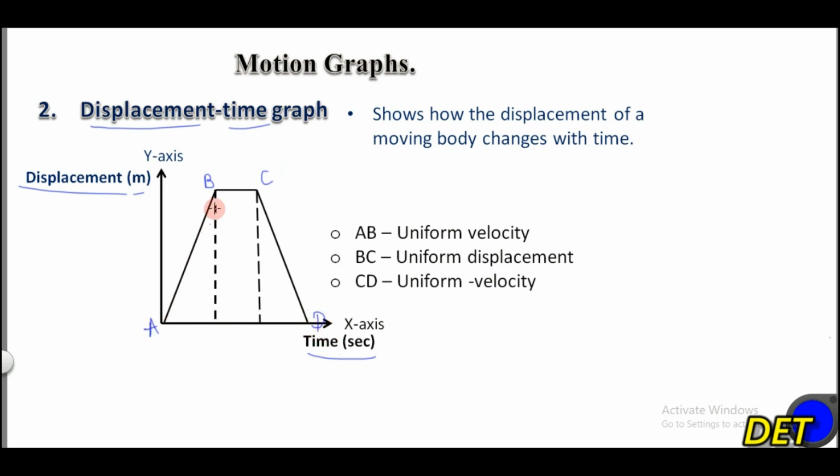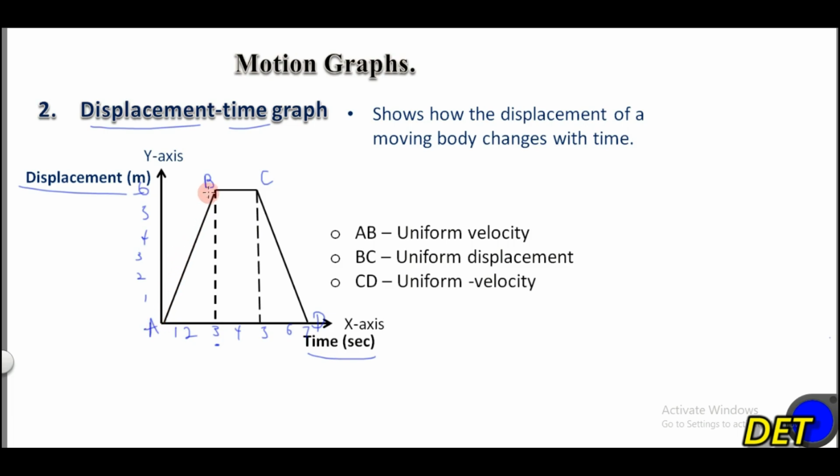As the body moves from A to B, the displacement of the body is changing with the time. So if here is 1, 2, 3, 4, 5, 6, and here is 1, 2, 3, 4, 5, 6, 7, as the body moves upward from A to B, it attains a displacement of 6 meters, right? And so the body's displacement is changing with time.